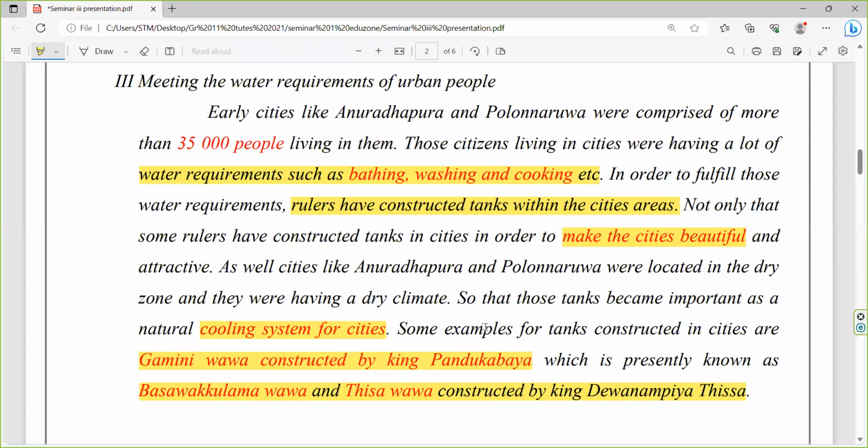Including proper factors, even a small paragraph with 5 lines, no problem, you are given marks. Without the proper factors, writing one page, no marks. Sometimes they don't give the mark for the heading, meeting the water requirements of urban people, if you write just the heading without supporting it with a paragraph.